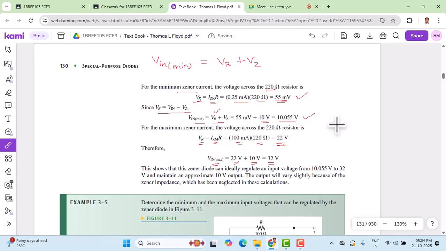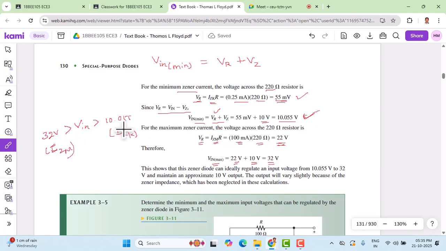Now what we know is that Vin can vary between above 10.055 volts, which we got from the Izk current, and it should be less than 32 volts, which we got because of Izm.